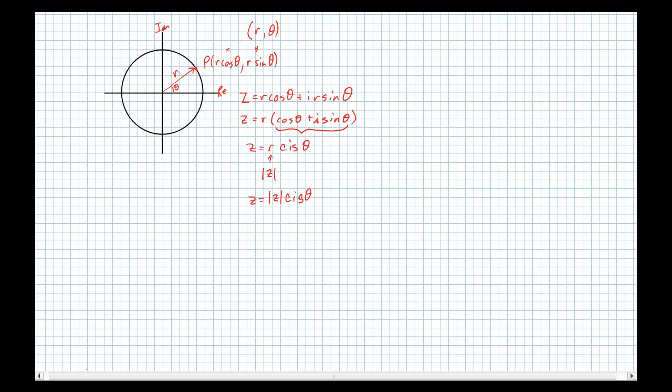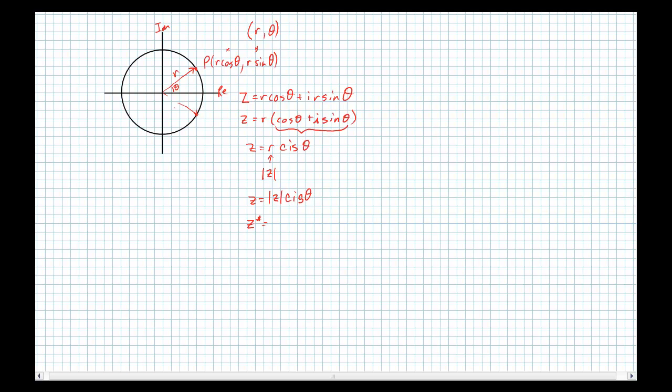All right, so let's say z equals the modulus of z times cis theta. Well, what would that make the conjugate of z? Remember, when we looked at the conjugate of z on the Argand diagram, it just ended up down here, because the real part was staying the same and the imaginary part was going the opposite direction.